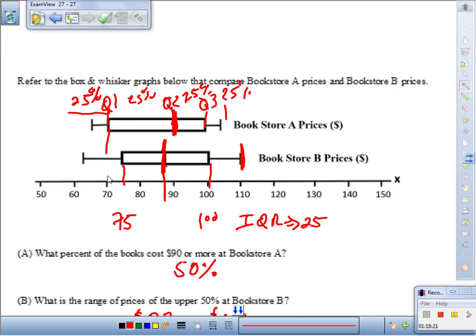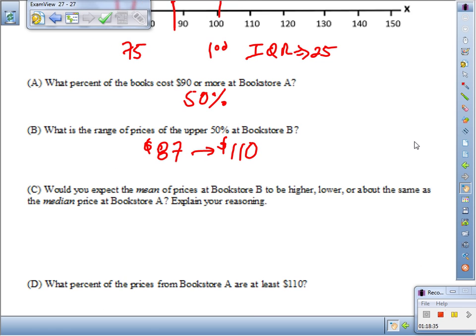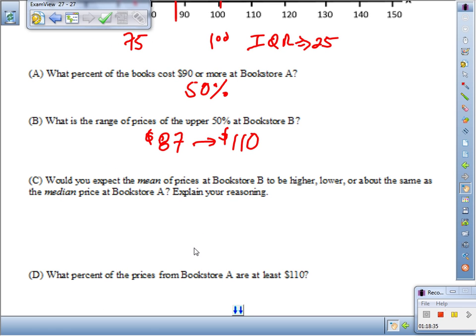What is Q1? 70. And what is Q3? 100. So the IQR is what? 30. So which one is higher? Bookstore A, because you found the IQR to be higher, and that's around the mean for both.